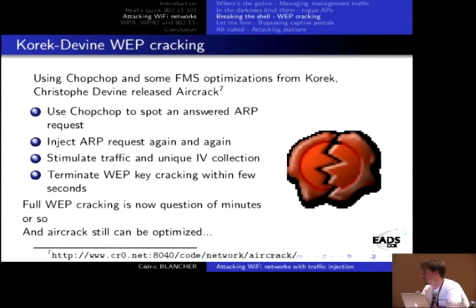Once you get this packet, you just re-inject it to stimulate the network. This packet will be answered, and then you will generate traffic. While generating traffic, you will get the amount of frames you need to perform the Fluhrer, Mantin, and Shamir attack with optimization and so on.